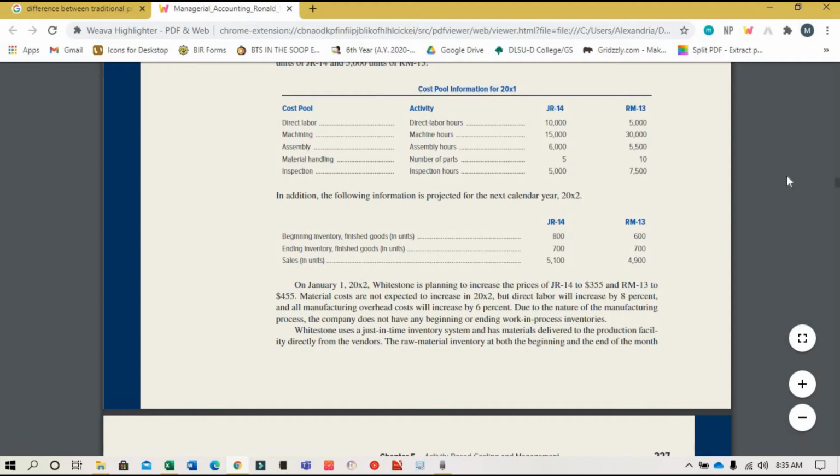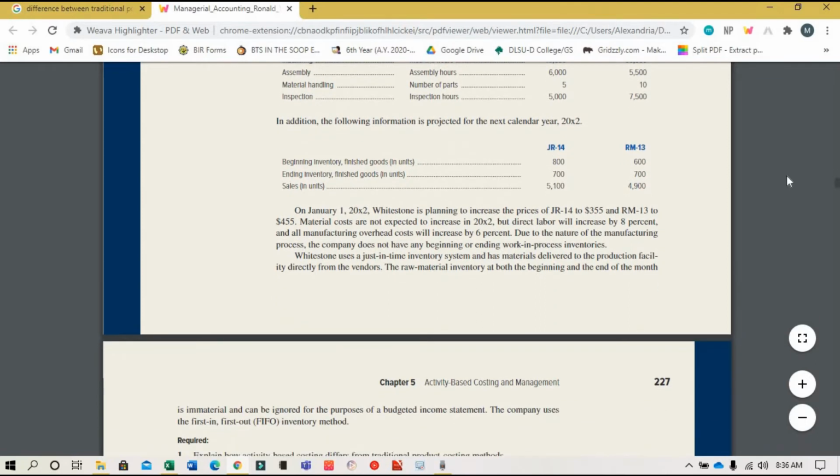Whitestone uses a just-in-time inventory system and has materials delivered to the production facility directly from the vendors. The raw material inventory at both the beginning and the end of the month is immaterial and can be ignored for the purposes of a budgeted income statement. The company uses the first in, first out, or FIFO, inventory method.